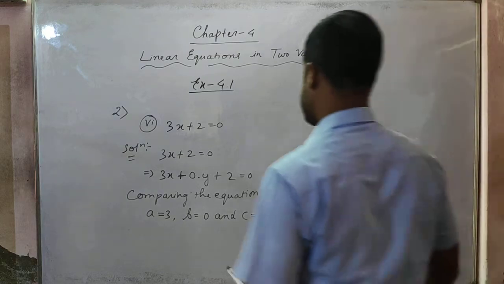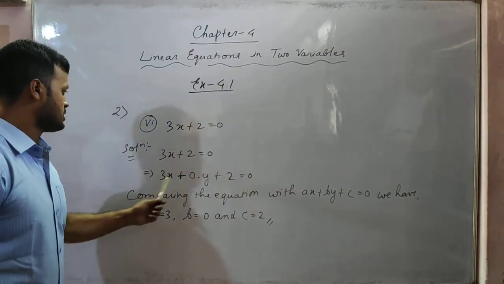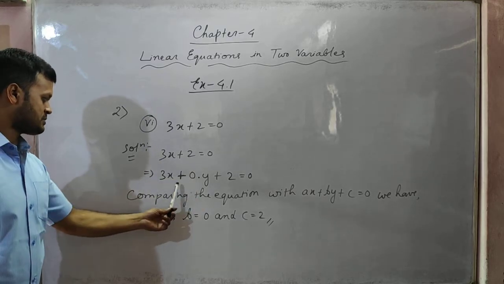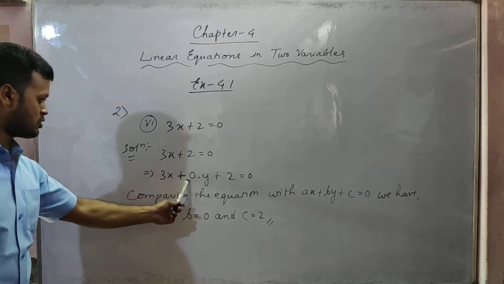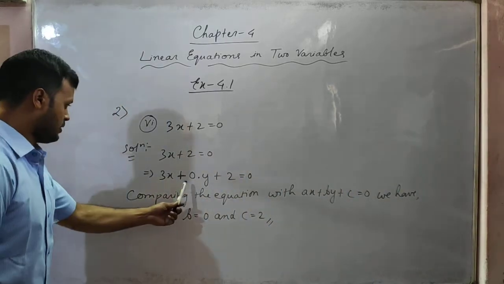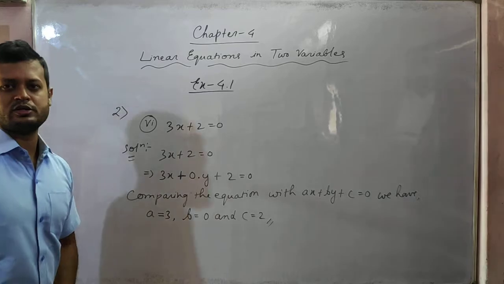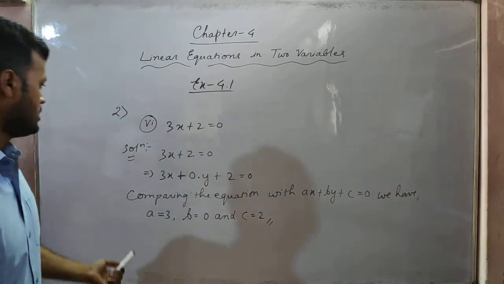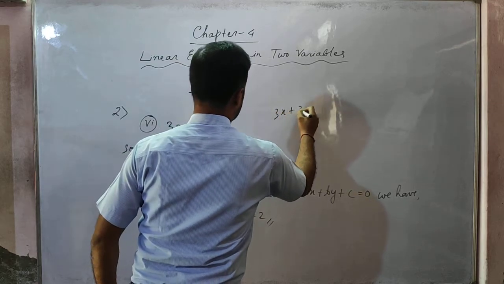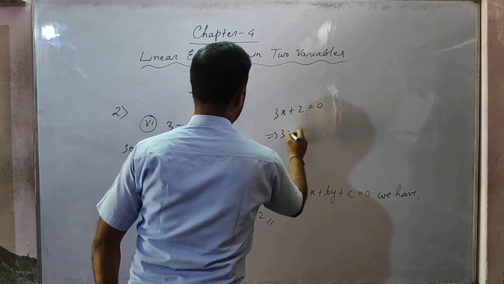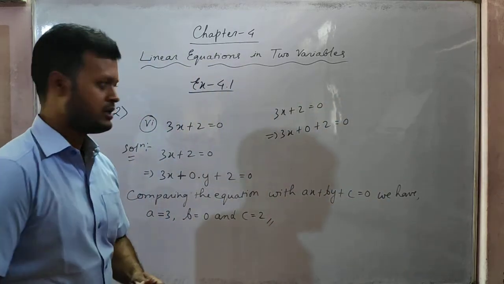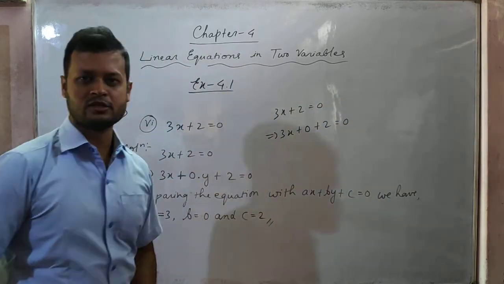So students, let us see. 3x plus 2 is equal to 0 is the equation given to us. So I wrote 3x plus 0 into y, because what is the value of 0 into y? 0 into y means 0, isn't it? So if 3x plus 2 is there, if you add 0 to these two terms, will the value change?